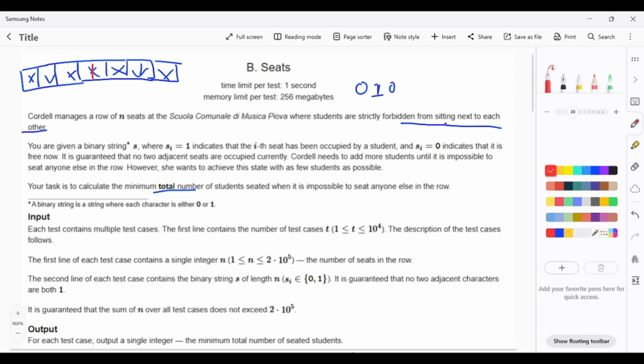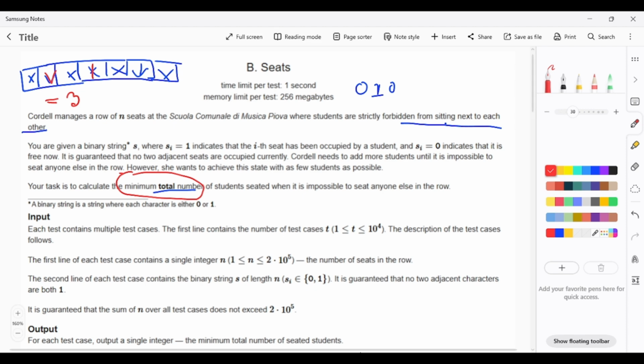So the total number of students in this bench is 3, and you can see that no two students are next to each other. That's the condition we'll have to maintain, and finally we'll have to print the minimum total number of students that will be in this bench. That's our job.